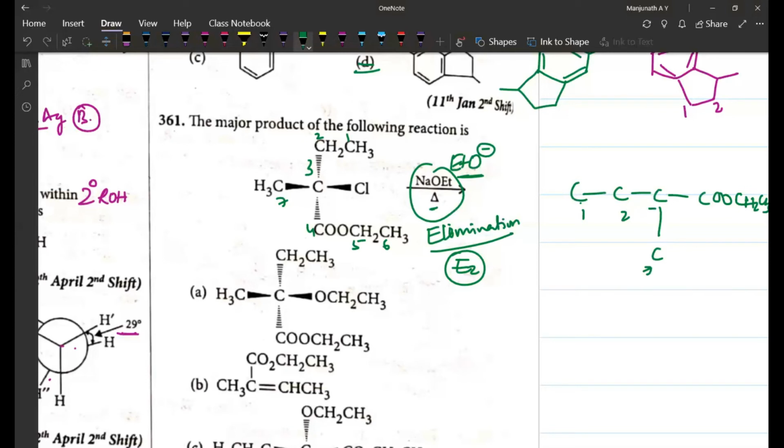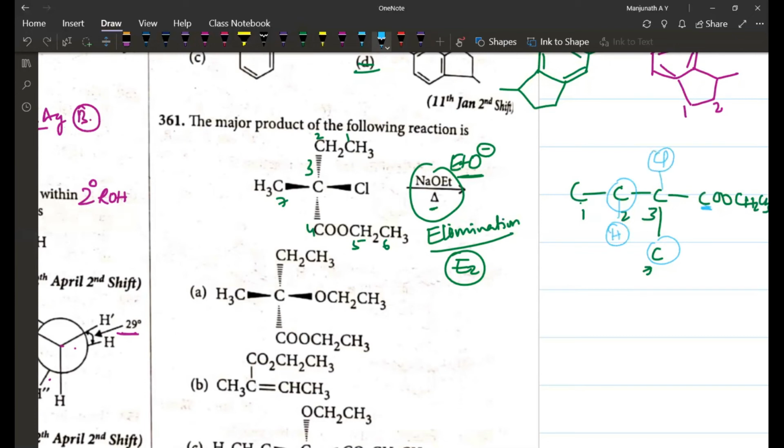Now on the third carbon there is a halogen. So I can remove a beta hydrogen from the second carbon or from the seventh carbon. This carbon does not have a beta hydrogen. So this Cl is pushed out by removal of this hydrogen.